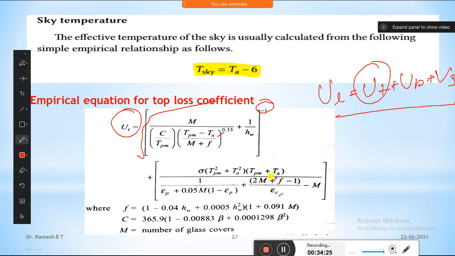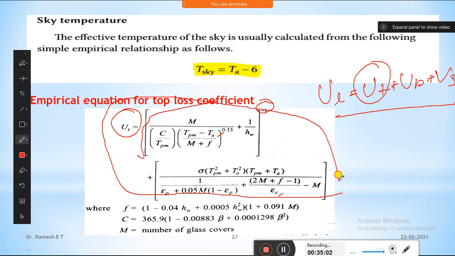Clear? And in the equation, M represents the number of glass covers, whether it is 2 or 1. And C is given by the equation C equals 365.9 into, here we consider a beta value, and f equals 1 plus 0.04 HW, minus 0.005 HW square, into 1 plus 0.091 M. So you should remember this equation.